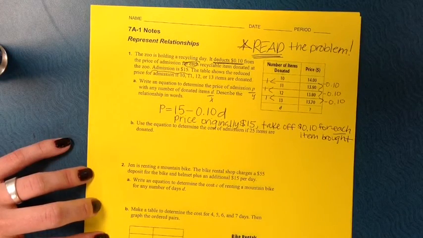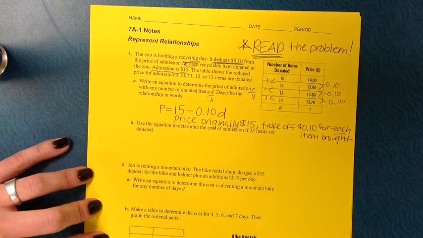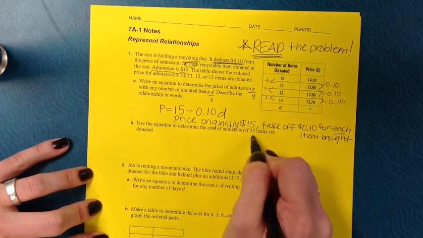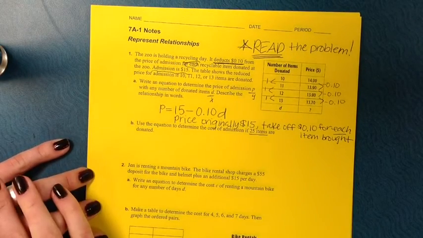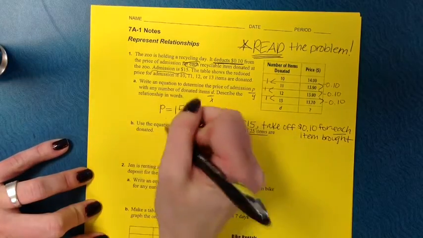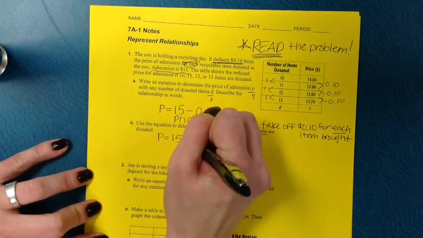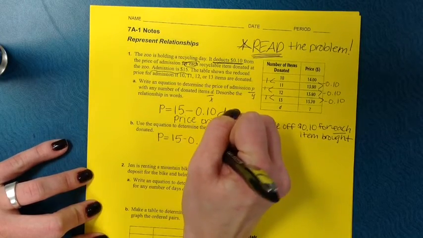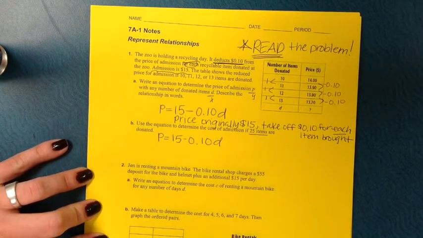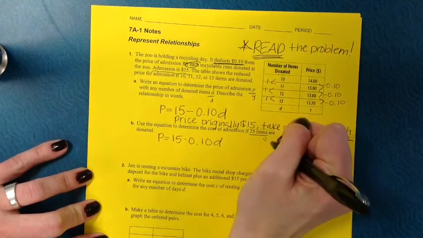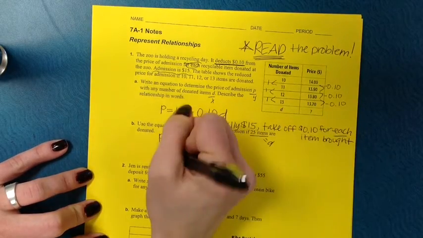So for letter B, it says use the equation to determine the cost of admission if 25 items are donated. So we're going to copy our original equation down, which is P equals 15 minus 0.1 D. Now, we know that they're bringing 25 items to be donated. So that is represented by the letter D. So we need to fill in our D with 25.